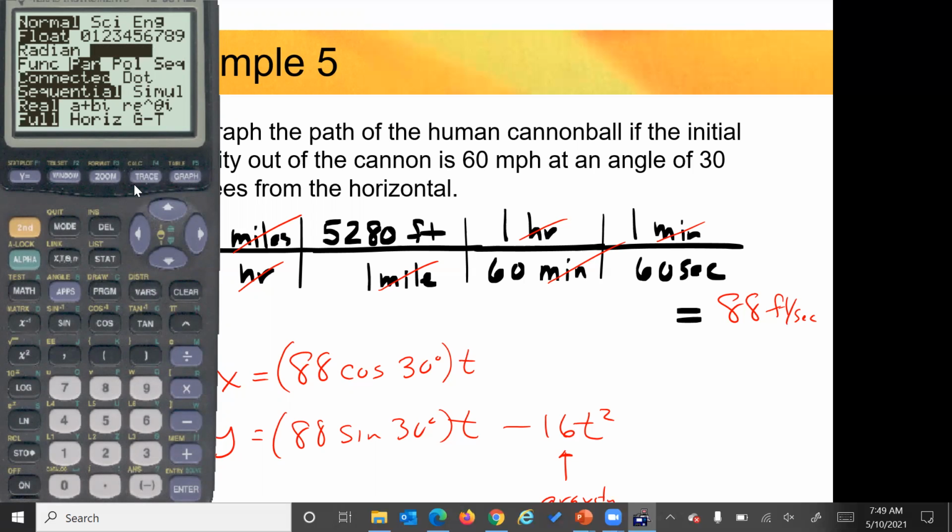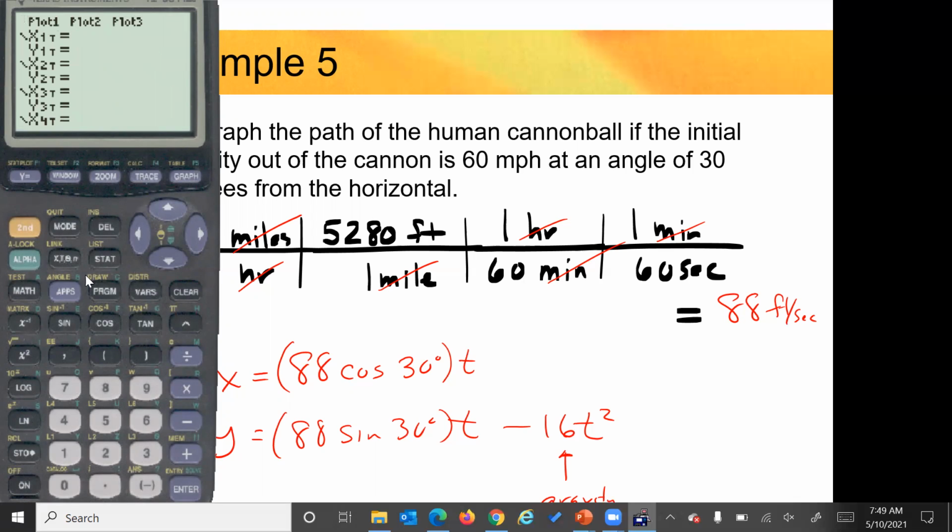We're good there? Cool. Let's go to y equals, which should give us x and y coordinates here. Start off with a parenthesis. 88 cosine of 30 degrees. Close off the cosine parenthesis and the whole multiplier for the x value, then multiply by t.